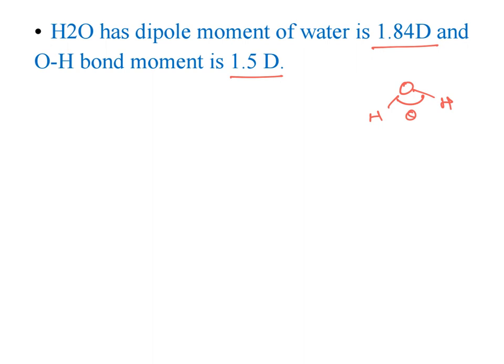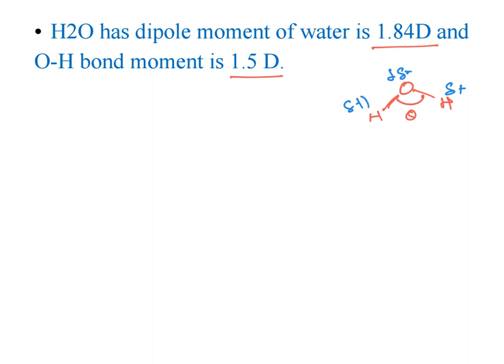Here they have given the dipole moment and the bond dipole of each OH, because we require them. Oxygen is more electronegative compared with hydrogen, so oxygen gets negative and hydrogen gets positive, in the same way for both bonds.